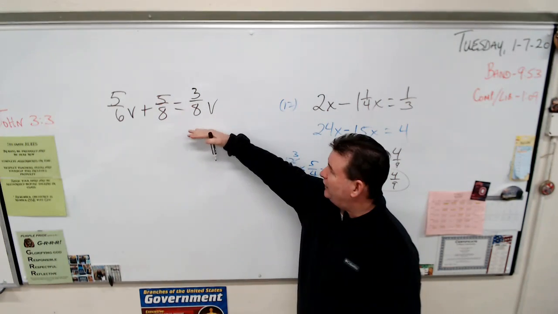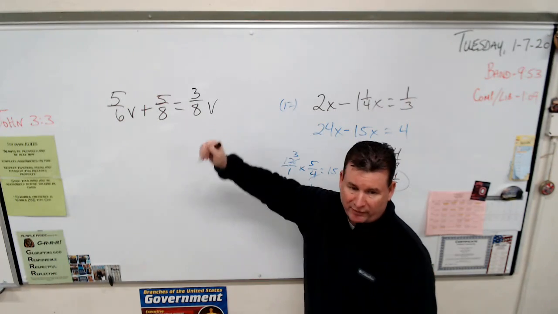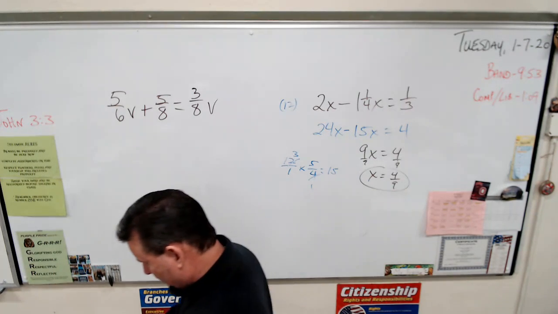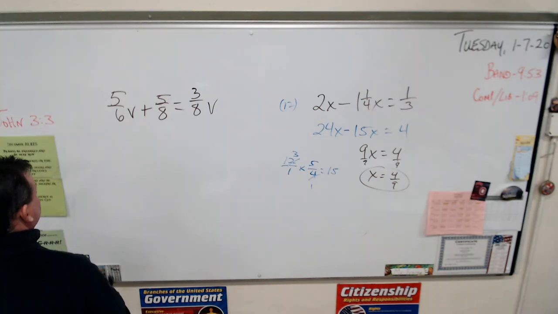5/6 V, 5/8, 3/8. I'm going to multiply everything by 24, says Casey, via Dominic.